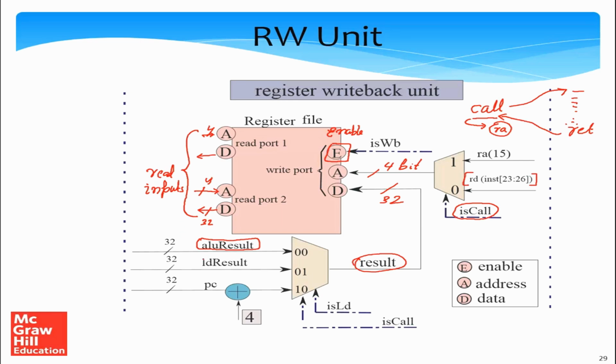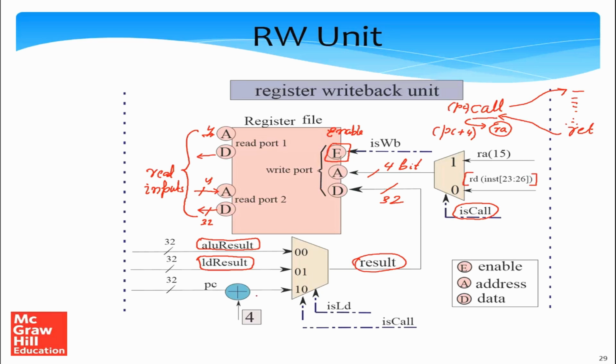The other is the load result, which is the value of a load instruction that you read from memory, right? In the previous stage, in the MA stage, the value read from memory. Or in the case of a call instruction, consider a call instruction. If its program counter is PC, then we need to have PC plus 4 as the return address.